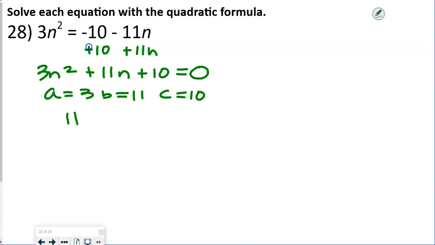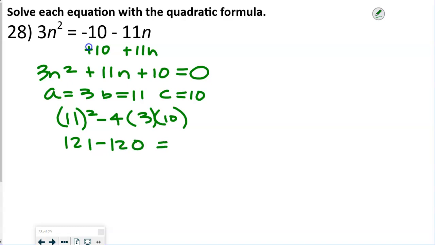So we're going to do 11 squared minus 4 times A times C. So that's going to be 121. 4 times 3 is 12, times 10 is 120. So that's 121 minus 120, which is 1, y'all. And the square root of 1 is plus or minus 1, right?